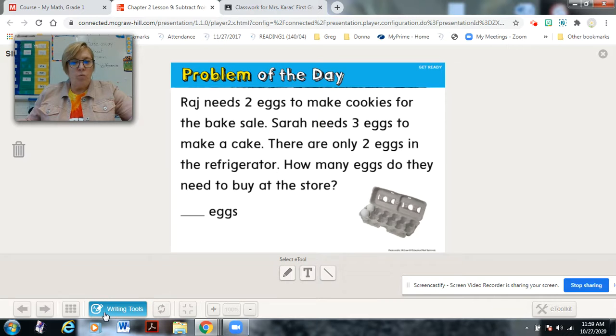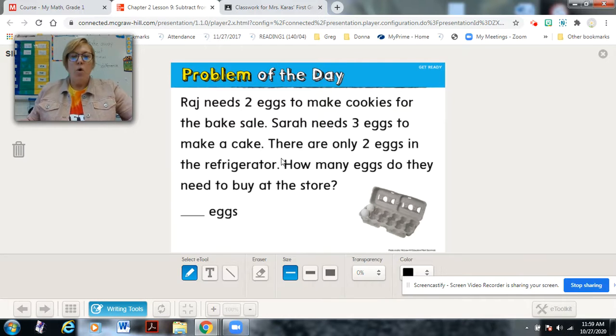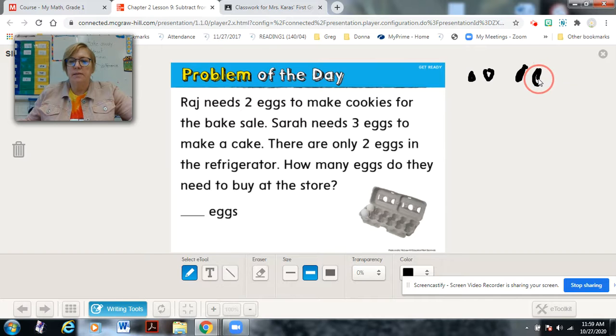Well, one of the ways that we could work it is we could show Raj's 2 eggs that he needs, and we could see that Sarah needs 3 eggs. Very bad looking eggs, I admit it. Okay, but there are only 2 eggs in the refrigerator.